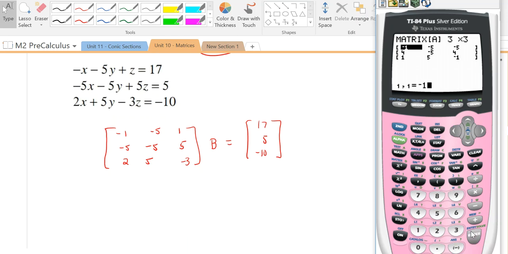So we've got negative 1, negative 5, positive 1, negative 5, negative 5, 2, 5, 3, and 17, 5, and negative 10. Okay. So I'm going to have matrix A, find its inverse, multiply that by matrix B.